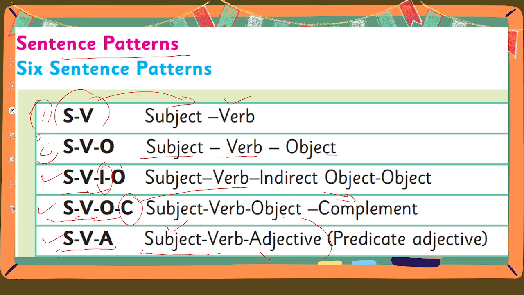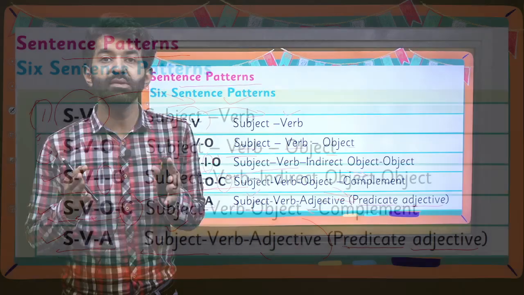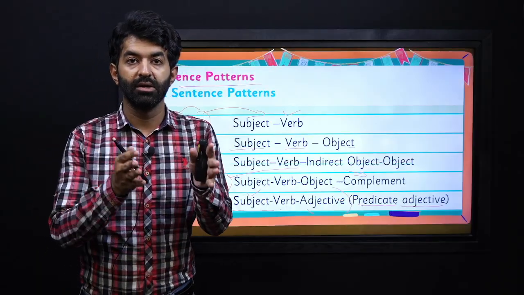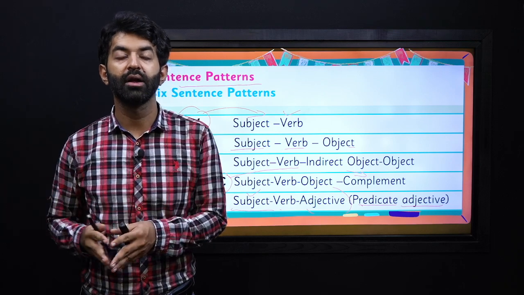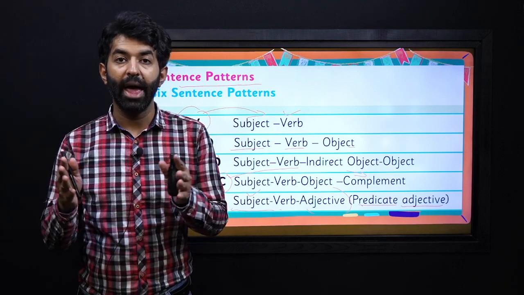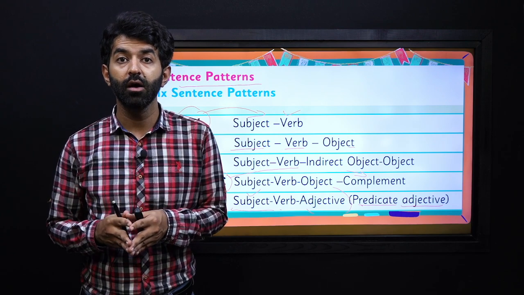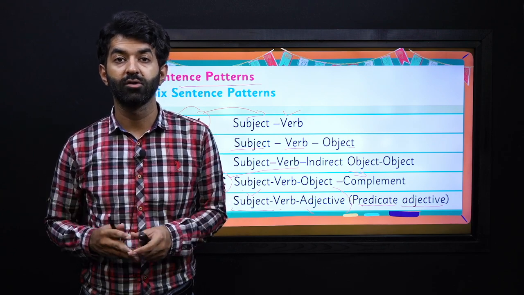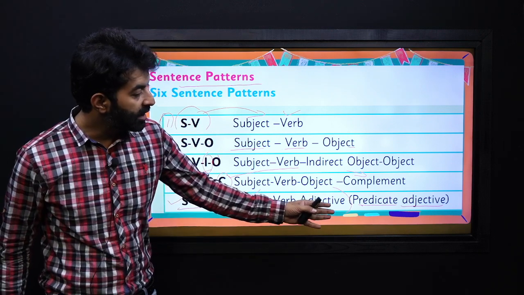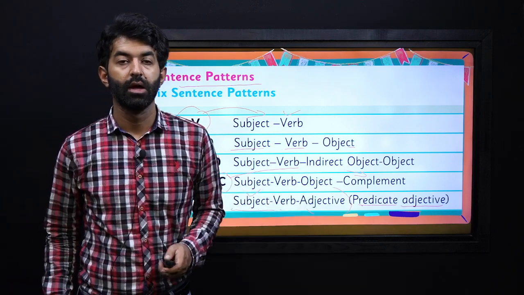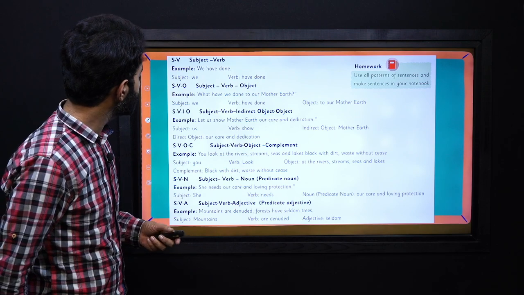And this adjective will work as a predicate adjective because we know that basically a sentence has a subject and the rest of the part is the predicate. So adjective here will serve as the predicate. So that's why we call it predicate adjective. So these are the sentence patterns.